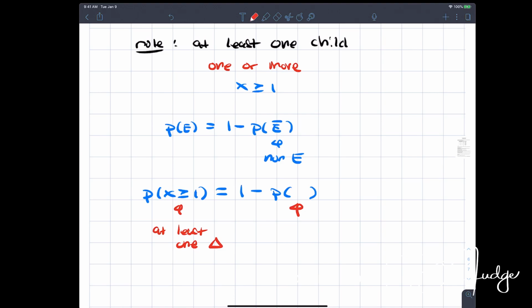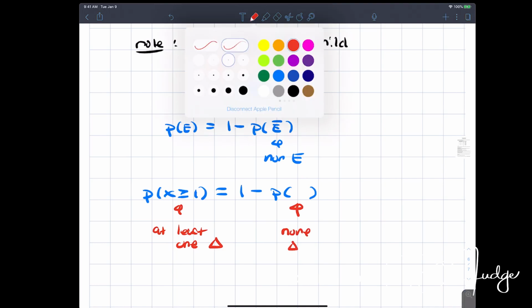Let's think about this. If I had a bag of Flaming Hots, I'd give it to you guys. Anyone? This was from yesterday. Probability of at least one of anything is 1 minus what? What is it going to be? Thank you, Annabelle. None of those things. That was the lesson from yesterday.